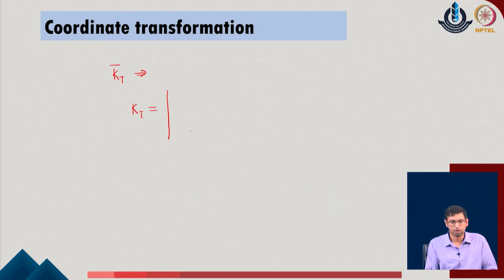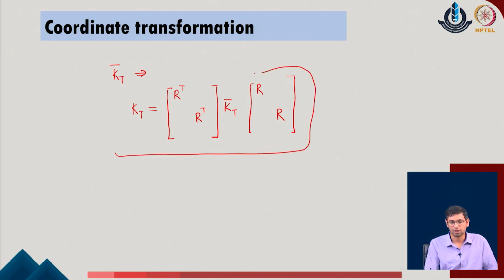So, we can write this as kT equal to R transpose kT bar into R. This is the standard expression which we have been using earlier in the course for the stiffness evaluation in the global coordinates of the given system.